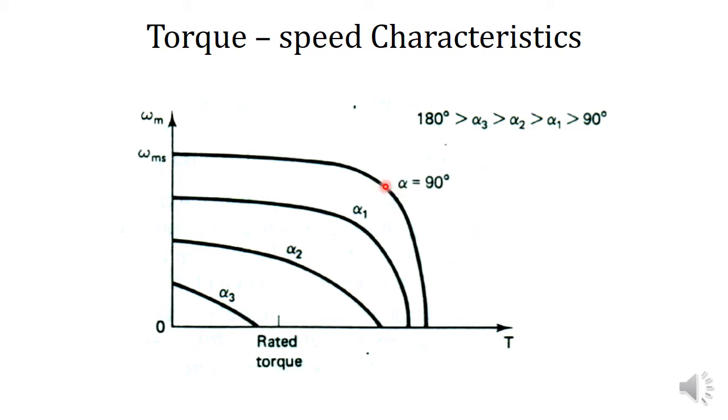The first torque speed characteristic is for alpha equal to 90 degrees, and that is the torque speed characteristic for natural speed, the highest possible speed. Again, if alpha is increased, the speed will decrease. Speed goes on decreasing. But here we can see that the maximum torque capability is also decreasing along with the increase in alpha.